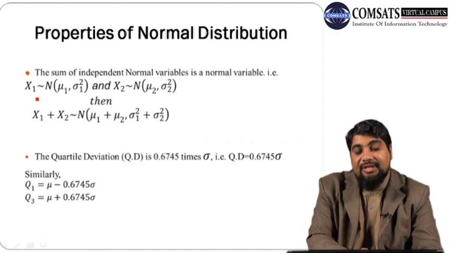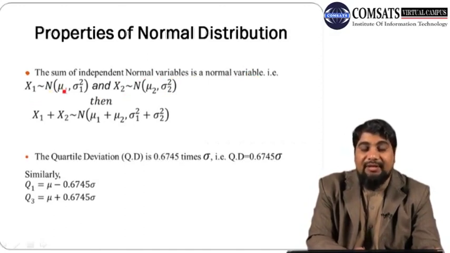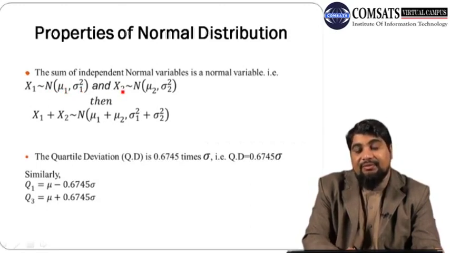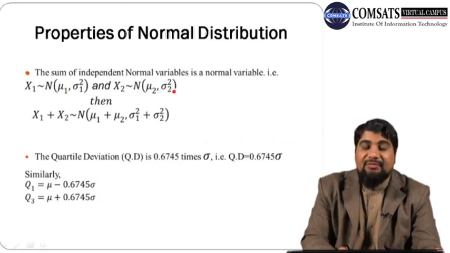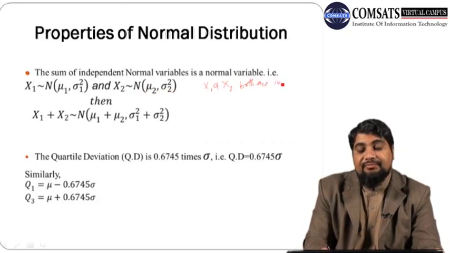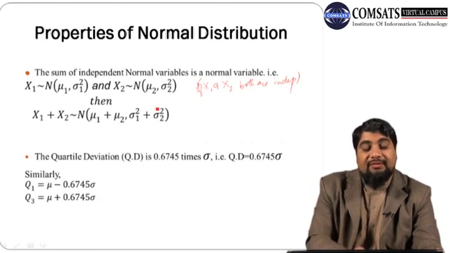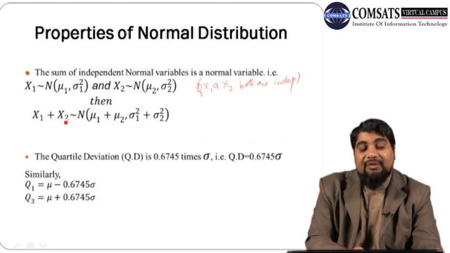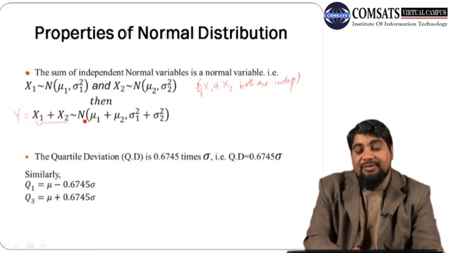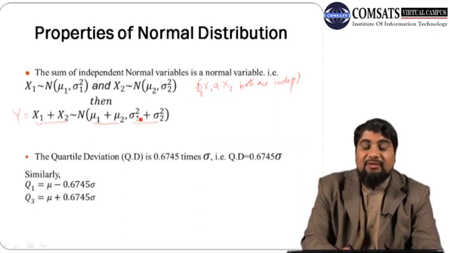That is, if x1 is a random variable which follows normal distribution with mean mu1 and variance sigma 1 square, and x2 is also a random variable which follows normal distribution with mean mu2 and variance sigma 2 square, and x1 and x2 both are independent, then x1 plus x2, say y, will also be normally distributed, and the mean of y is the sum of the means, mu1 plus mu2, and the variance of y is the sum of the variances, sigma 1 square plus sigma 2 square.